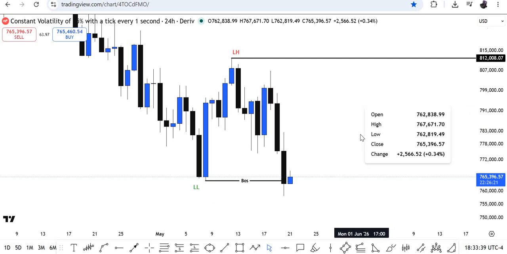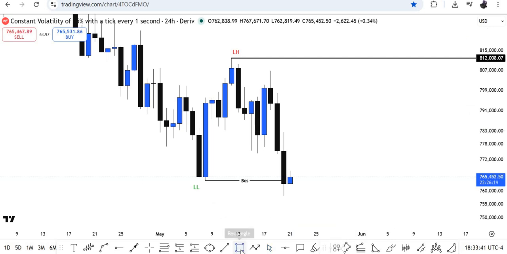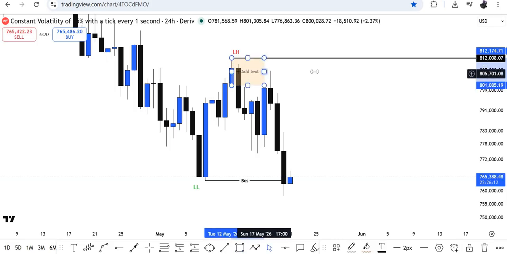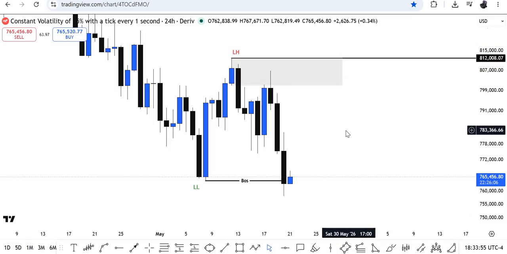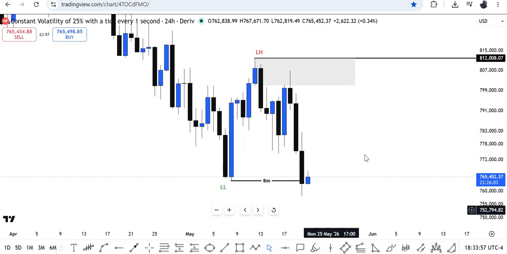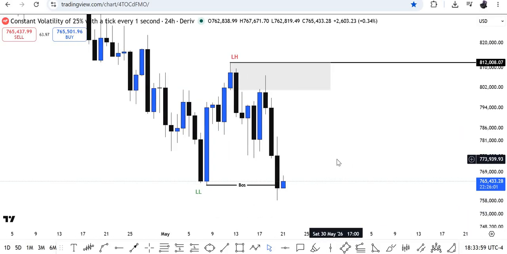That's basically the case. And what I also do is I mark out my most extreme candle, and I refer to that as my supply zone. Other people do it differently, but you can do it how you want to do it. This is what works for me throughout my back testing.